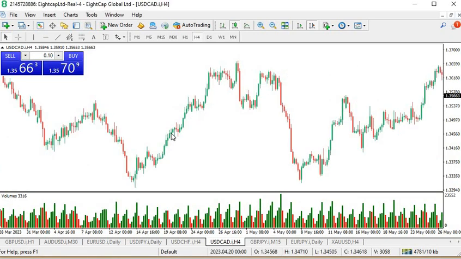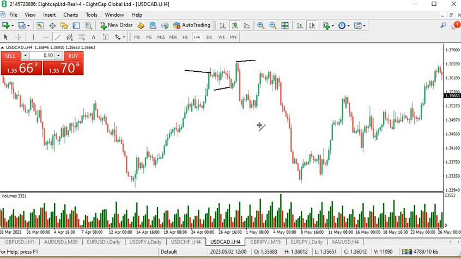So this is the third example of the QM pattern. The market formed a left shoulder, then consolidated at the left shoulder, made the low of the leg, and then made the head of the pattern.